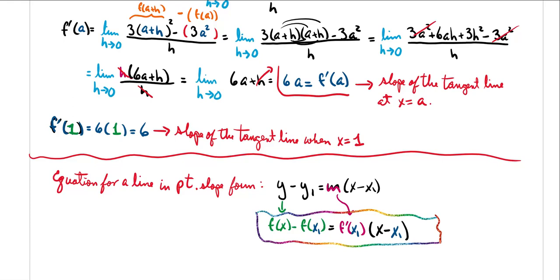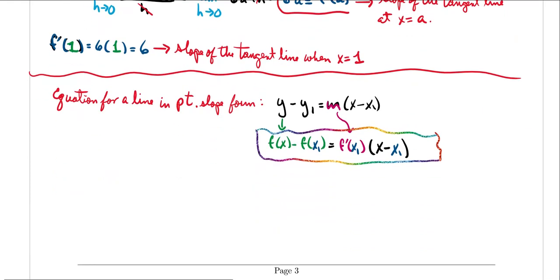Okay, so now that we have the equation for a line, let's go ahead and fill in the necessary information. So for this problem, we're going to have f of x minus f of x1. Well, you might remember that the function here was 3x squared. So since I'm looking for the equation for a tangent line when the x value is 1, let's figure out what f of 1 is.